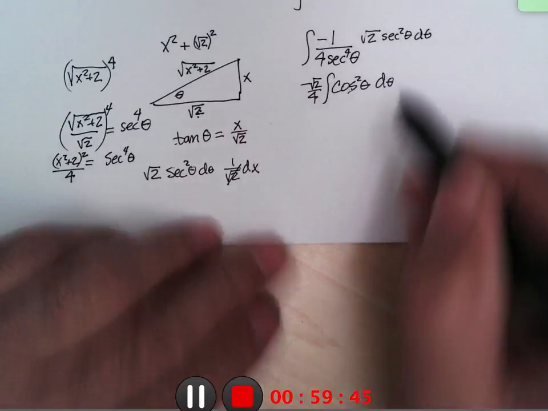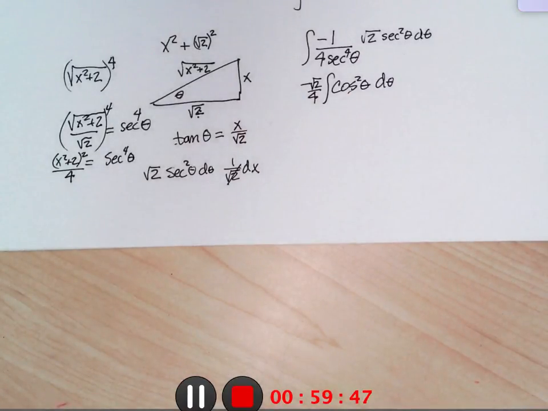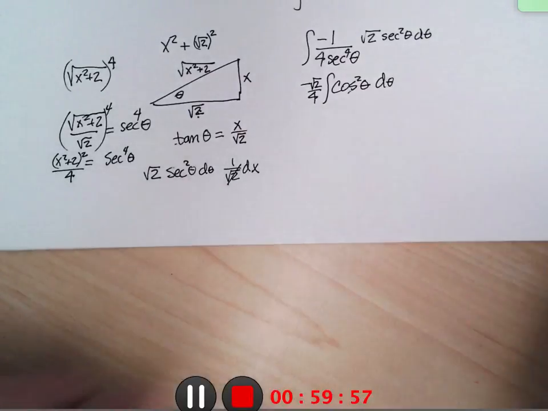And that looks like it would be easy to integrate. Doing u sub or something like that? No, it's not easy. You have to pull out some old trig identities that you might remember or maybe not. And one trig identity is this one.